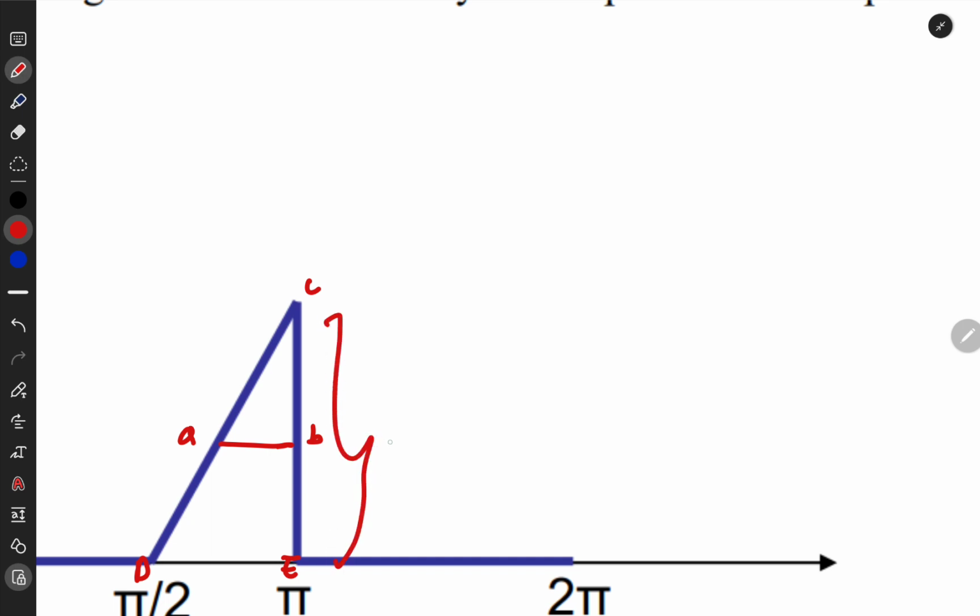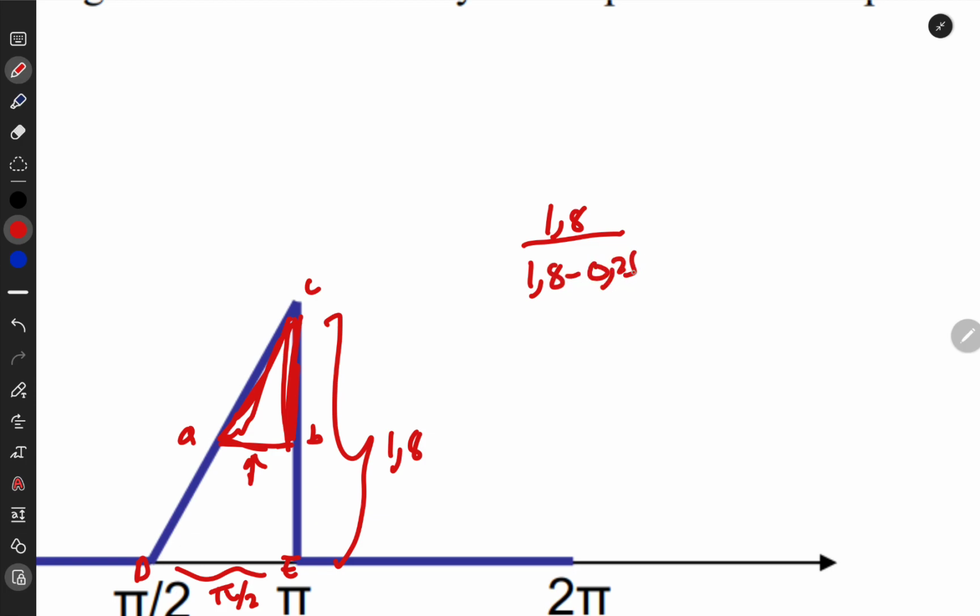We know this one is max, so it's 1.8. We also know dimensions of a bigger one, which is half pi here. And then if you want to find this, it doesn't look that hard. We can just say the big one, the bigger height, which is 1.8, all over the height of a small triangle. This is the small triangle that we're doing proportion of. This one is going to be 1.8 minus 0.225, because we are subtracting with the average.